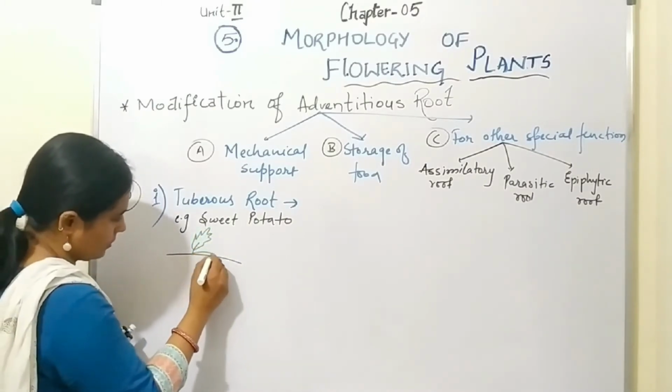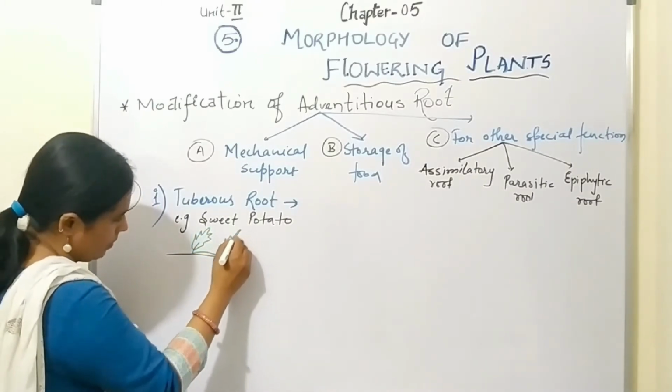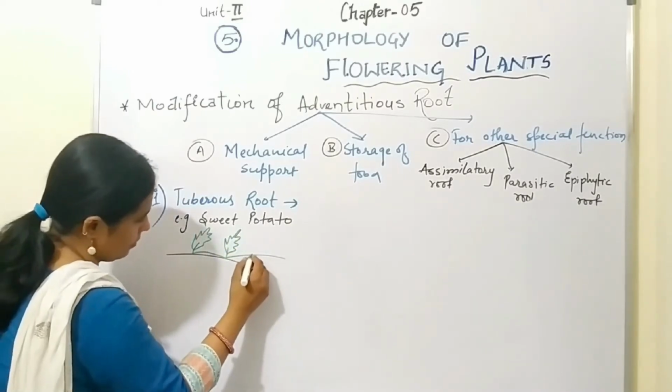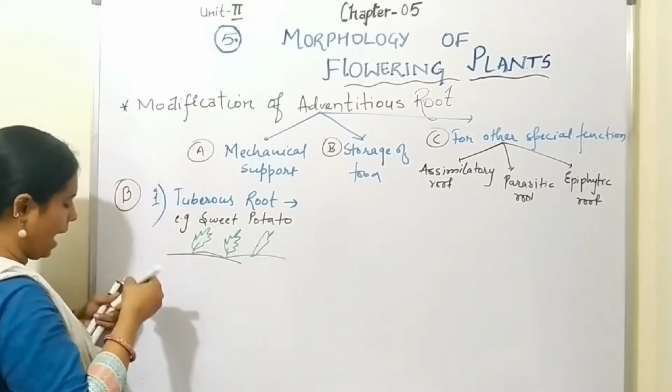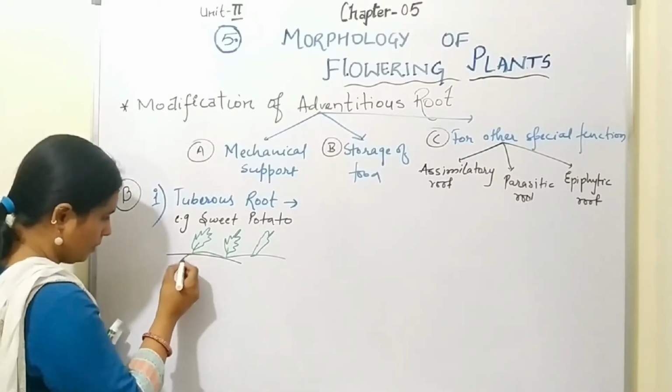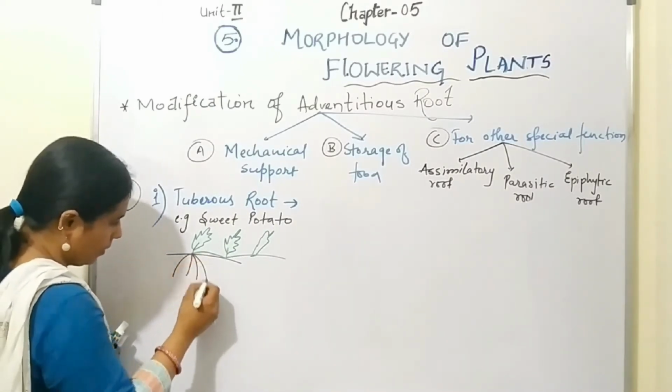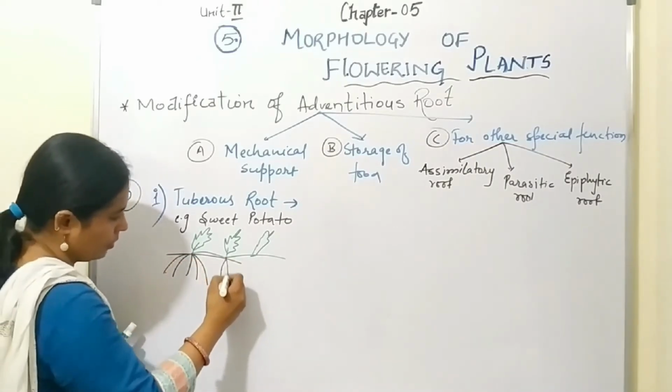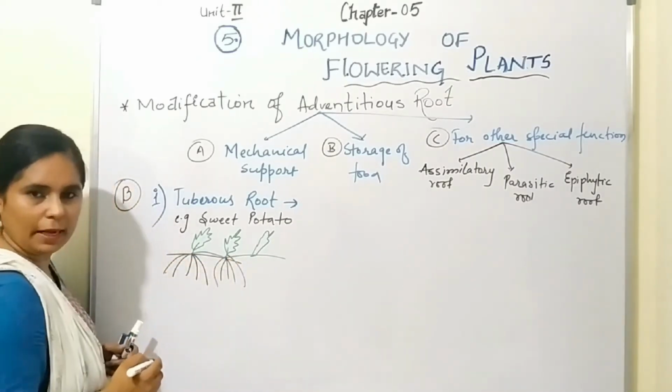So this is the stem, fine, and from the nodes of the stem, many underground roots are coming out.